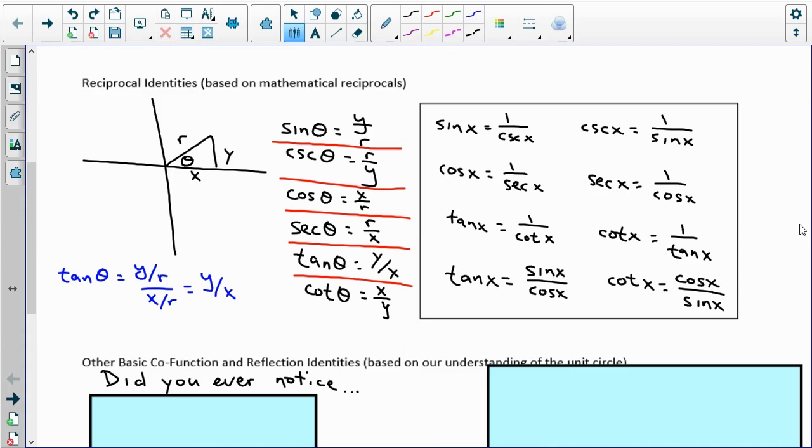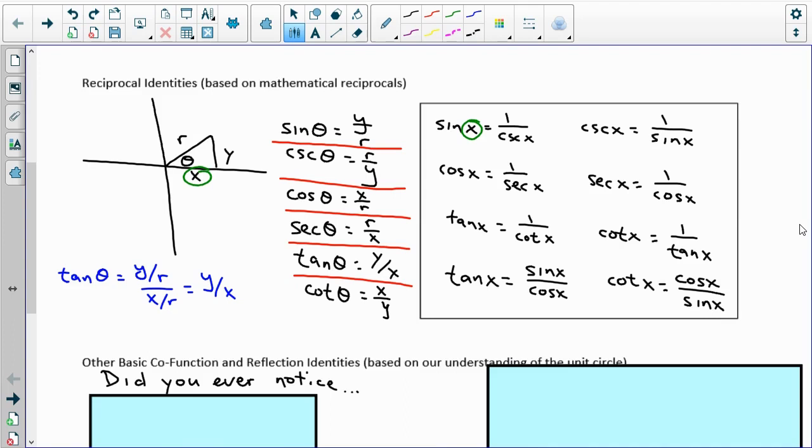Something to keep in mind, and I know we've discussed this before, but the x over here is not the same as the x over here. So when we're talking about x and y on the unit circle, that's not the same thing as when we're referring to sine of x or cosine of x on like a trig function graph or something.